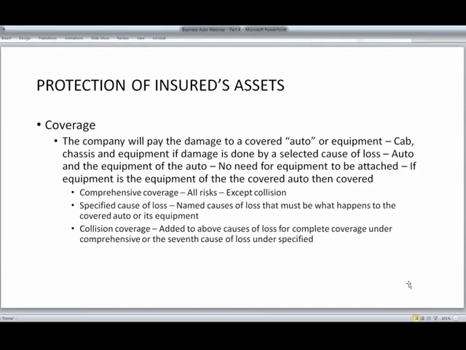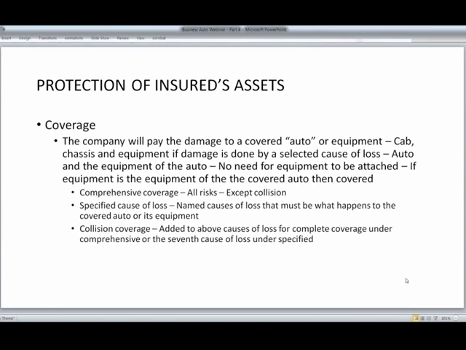that comprehensive, the policy will pay the damage to auto equipment, cab, chassis, and equipment if damage is done by a selected cause of loss. Any auto and equipment of the auto. There's no need for the equipment to be attached. If the equipment is the equipment of the covered auto, then it's covered. For example, being from Florida, it's hard to realize this, but sometimes a year we have snow.